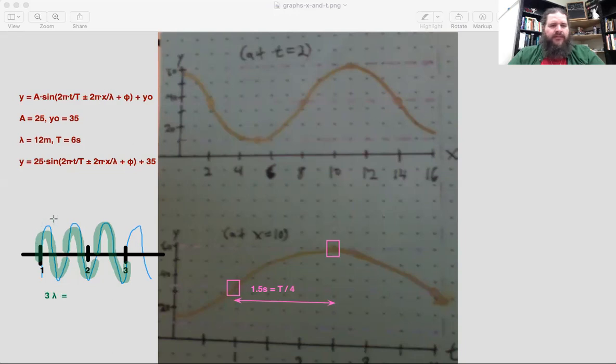If we're going from here to here. 2. Yeah, and if that's a distance, let's say 2 meters. Even though we can't easily identify what one full cycle is, we can say 3 cycles is 2 meters of distance. And then once again, you can solve for lambda by dividing by 3 and get 2/3 of a meter.